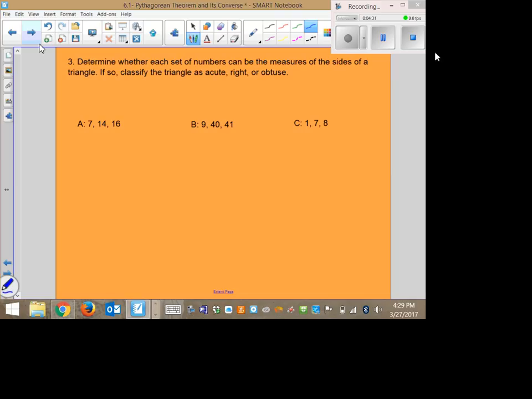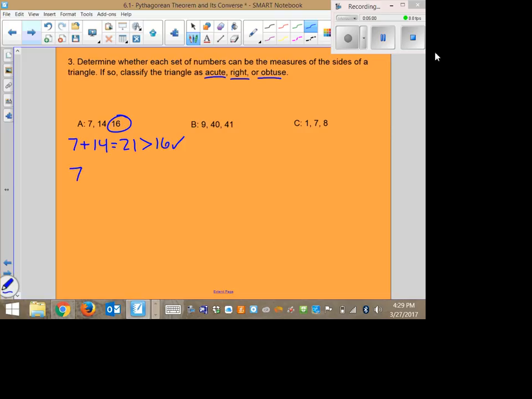All right, now we are going to determine whether each set of numbers can be the measure of the sides of a triangle, and then if so, we're going to classify it as acute, right, or obtuse. So to begin with, we need to check to see if it's a triangle. We take 7 plus 14, that gives us 21, which is bigger than 16, so therefore it's a triangle. So 16 is our biggest, which means that it's going to be our hypotenuse.